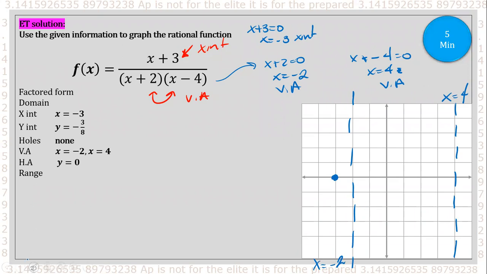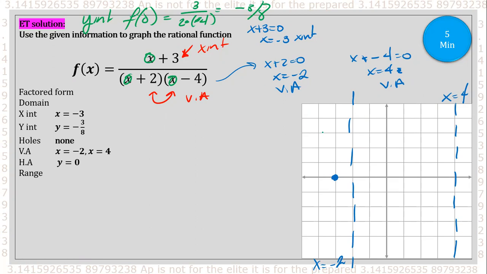Something that confuses us a little bit is where exactly the y-intercept is. To find the y-intercept, we evaluate f of 0, meaning wherever we have an x, we put a 0 there and simplify. We got a 3 on top, and we have a 2 times a -4, which gives us -3/8, because the negative gave us a -8 in the denominator, and I just brought it to the top.